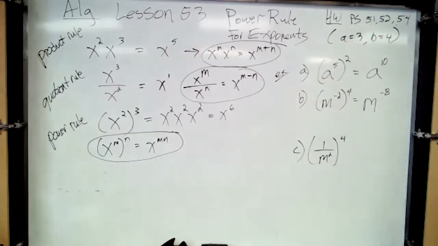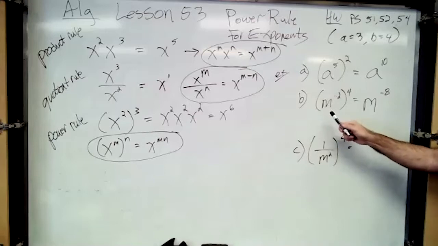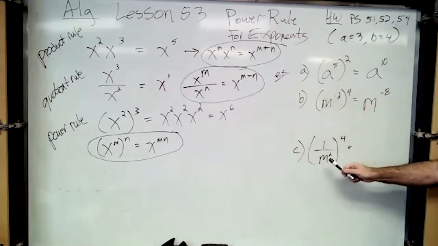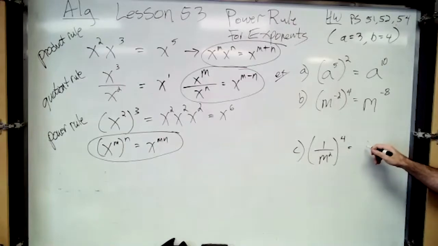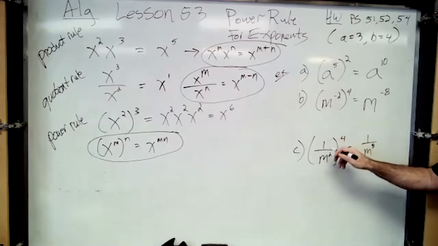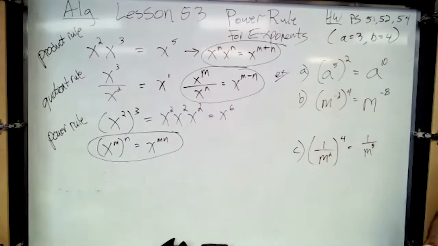Yeah, because look what we did. It's really just this. See, M to the -2 is just 1 over M squared. So this is the same problem. So it's just 1 over M to the 8th. Okay, because you still have to apply the exponent to every single factor inside the parenthesis.